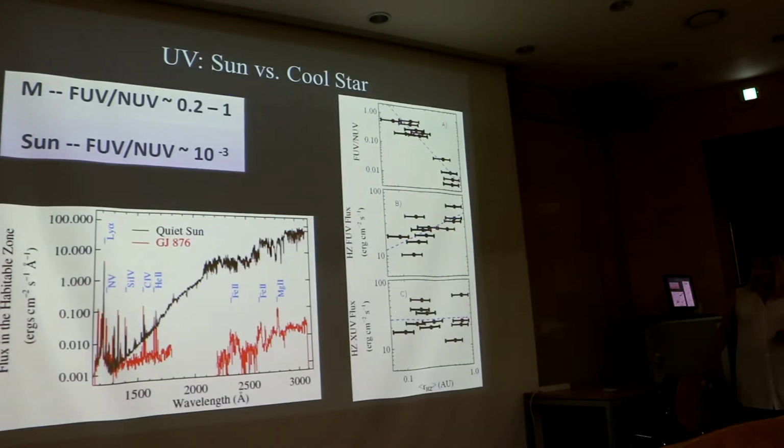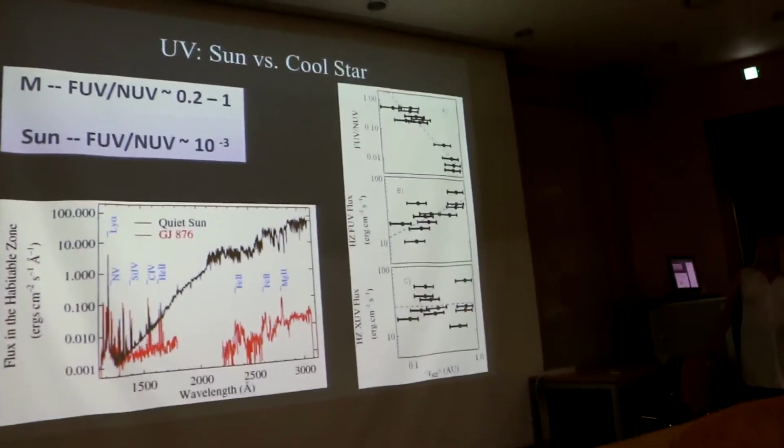The sun has much more NUV flux. This is still the photosphere. This is a black body curve coming down. This star is much cooler. There is no photospheric emission in the ultraviolet. This is all just lines added up on top of each other. As a result, as you go into the far ultraviolet, they actually have very comparable far ultraviolet fluxes.